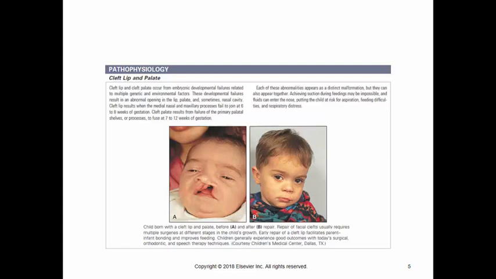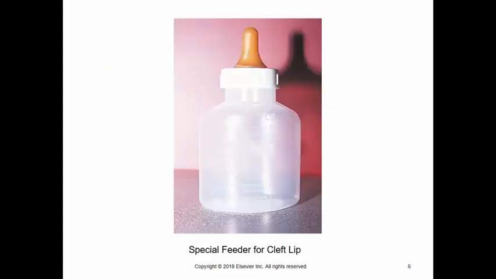So this is really important as far as feeding goes for these infants, because they need to have special feeding so that we aren't getting any aspiration of the milk or formula to enter the nasopharynx.